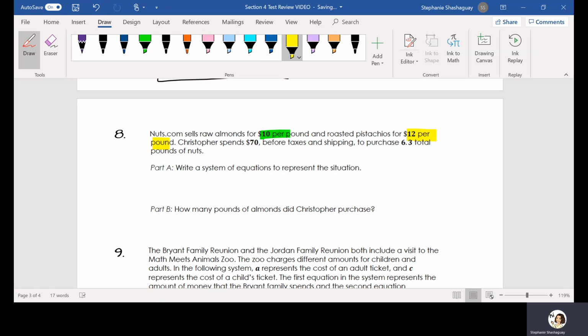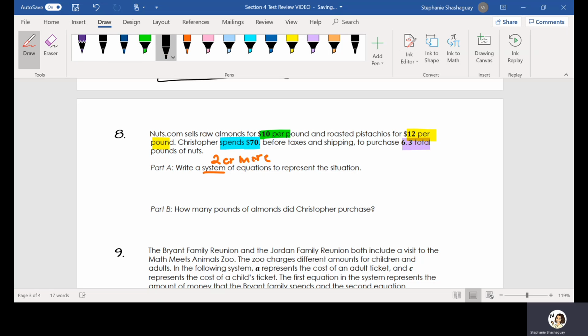If Christopher spends $70 before taxes and shipping to purchase 6.3 pounds of nuts. First, they want us to write a systems of equation to represent the situation. So here we're looking for a system, so that's 2 or more equations. Okay, and then we need to figure out how many pounds of almonds did Christopher purchase.